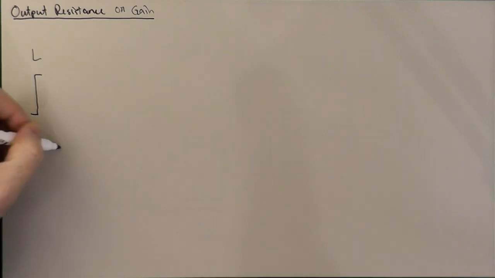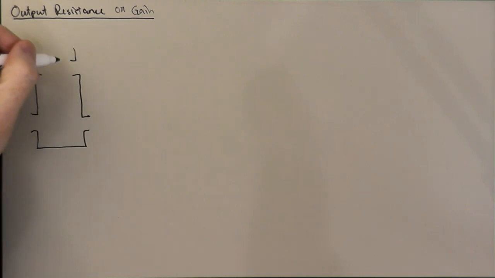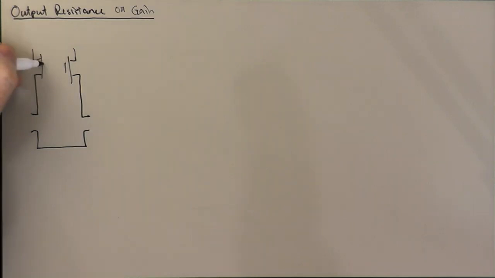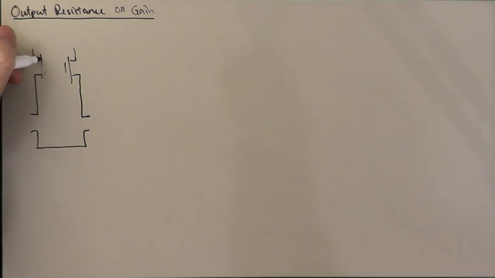So what I want to do is consider our 5-transistor diff amp that we've been talking about here, with a diff pair, an NMOS diff pair, and a PMOS current mirror.